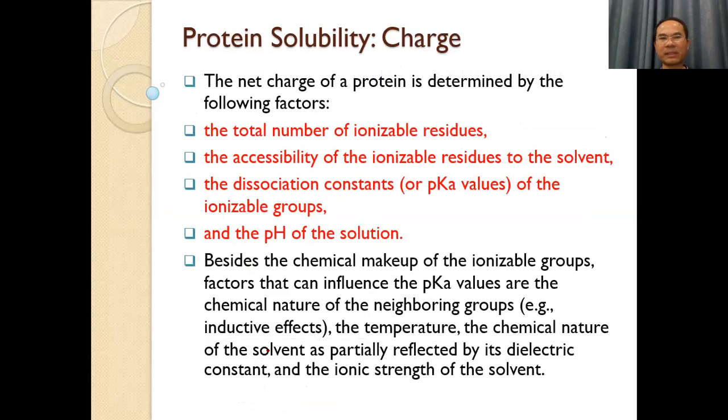The net charge of the protein is determined by many factors, like the total number of ionizable residues, like sodium chloride, where we have two ions, sodium and chloride, for example. Other factors are the accessibility of the ionizable residues to the solvent, the dissociation constant, which we call the pKa value.